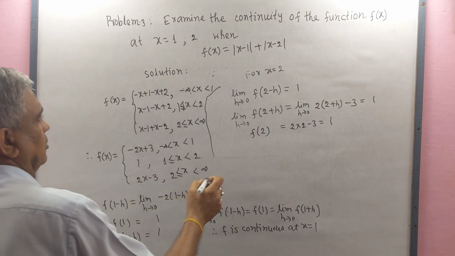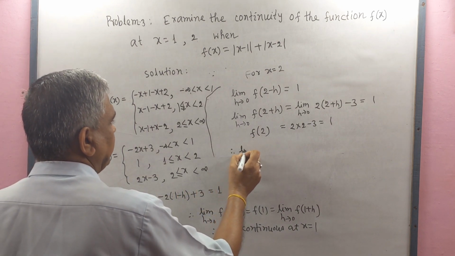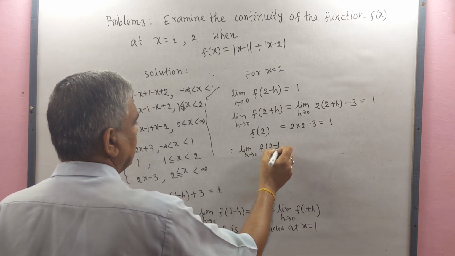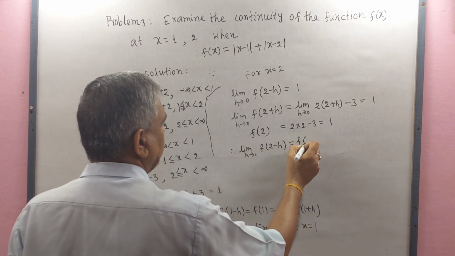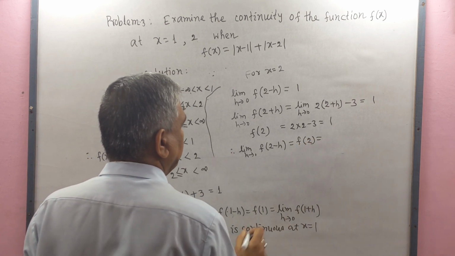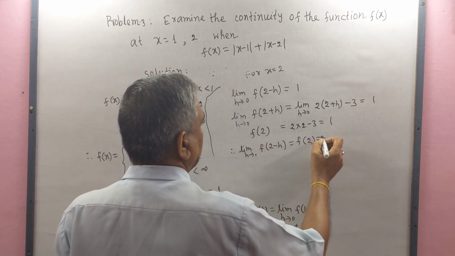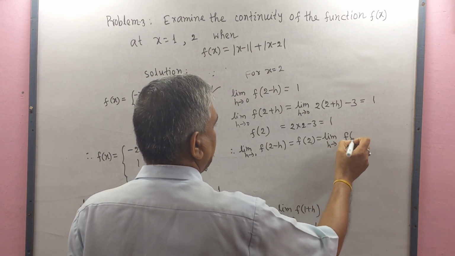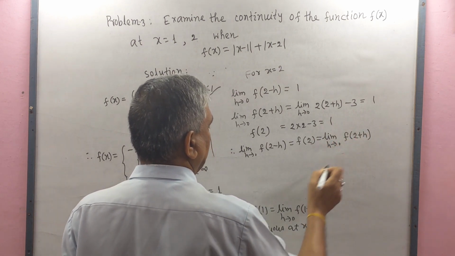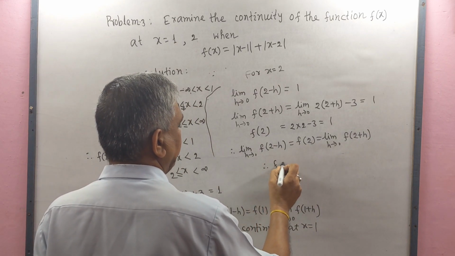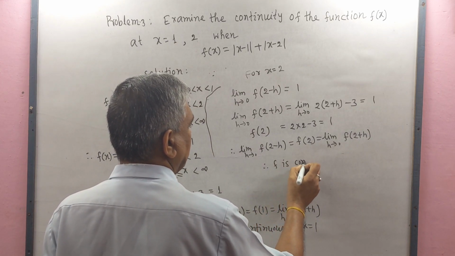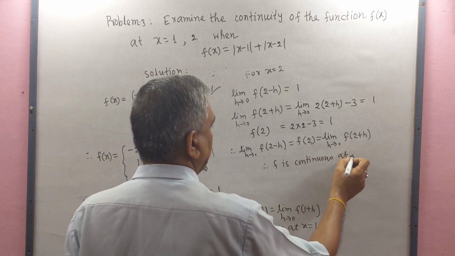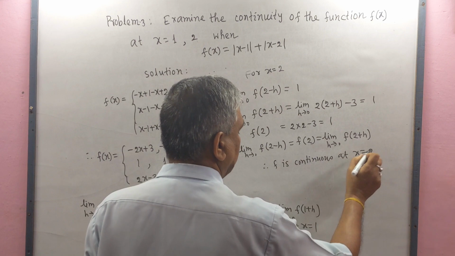Therefore, limit h tends to 0 of f(2 minus h) equal to f(2) equal to limit h tends to 0 of f(2 plus h). Therefore, f is continuous at x equal to 2.